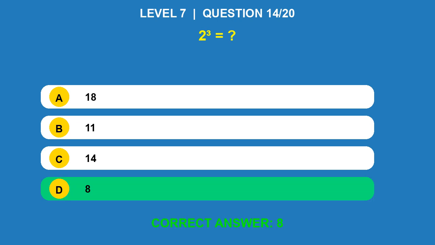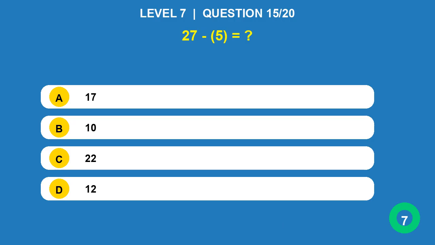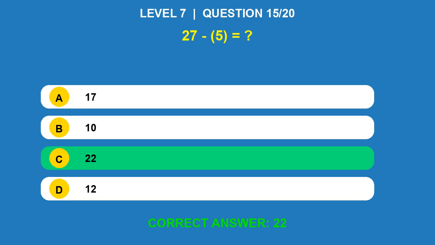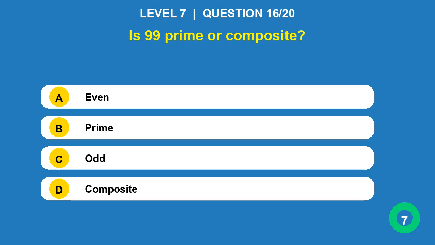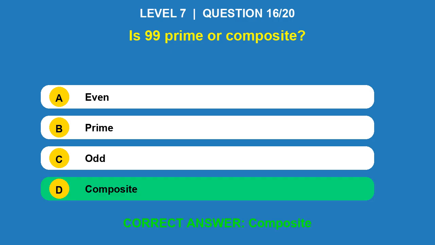Answer is 8. 27 minus 5 equals? Answer is 22. Is 99 prime or composite? Answer is composite.